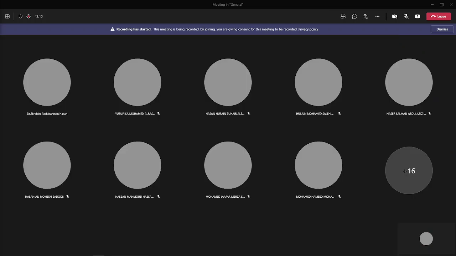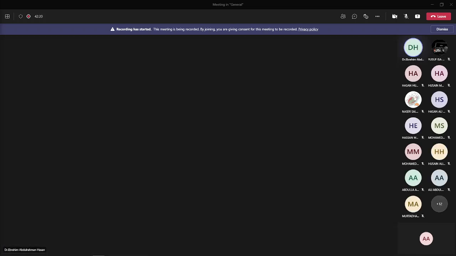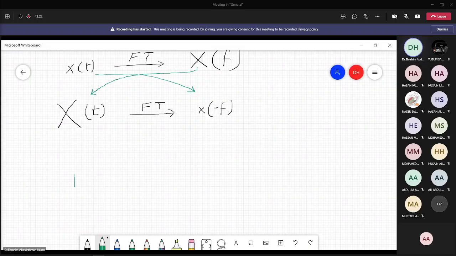Okay. See this one. Let's take this very simple example. As we said, this is the time domain, so x of t is k from minus T over 2 to plus T over 2.